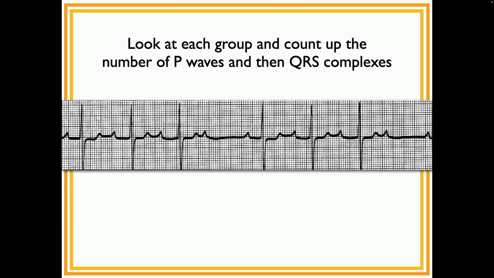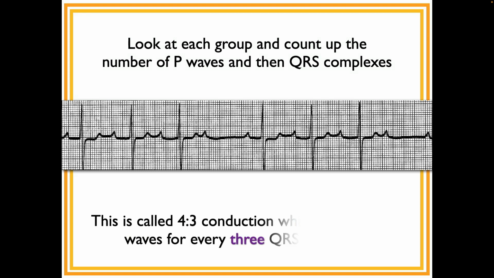So we have two groups here, and it's really straightforward, a lot of fuss about nothing in a way. We count the number of P waves in each group, so 1, 2, 3, 4, and compare it to the number of QRS complexes in each group.